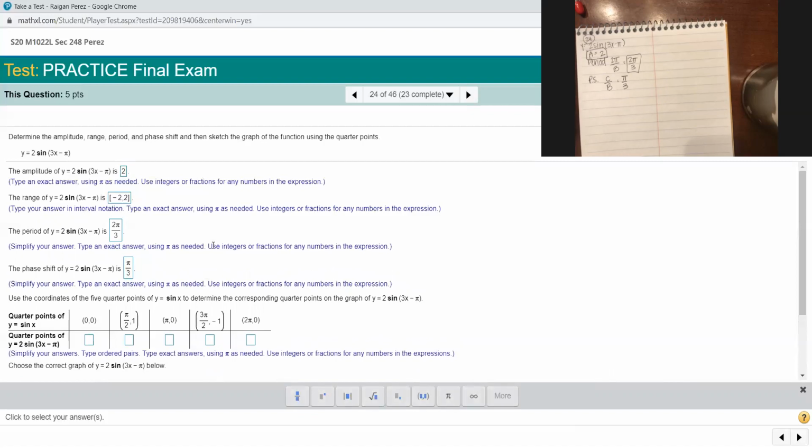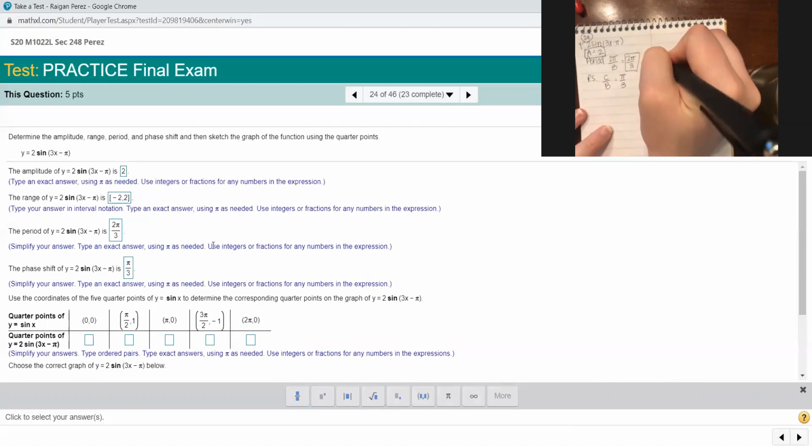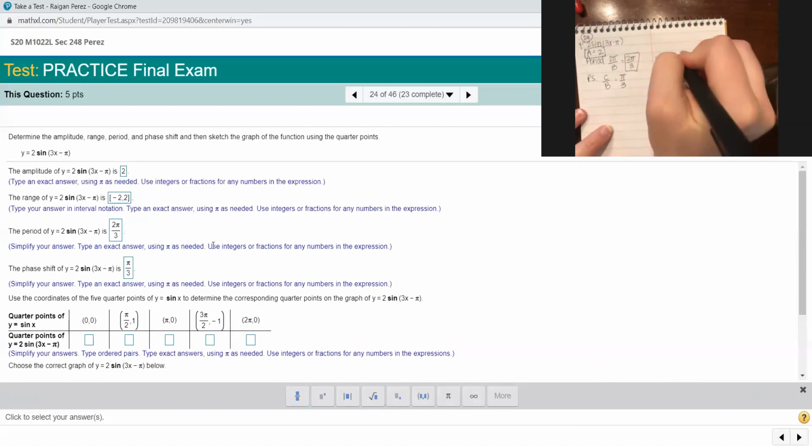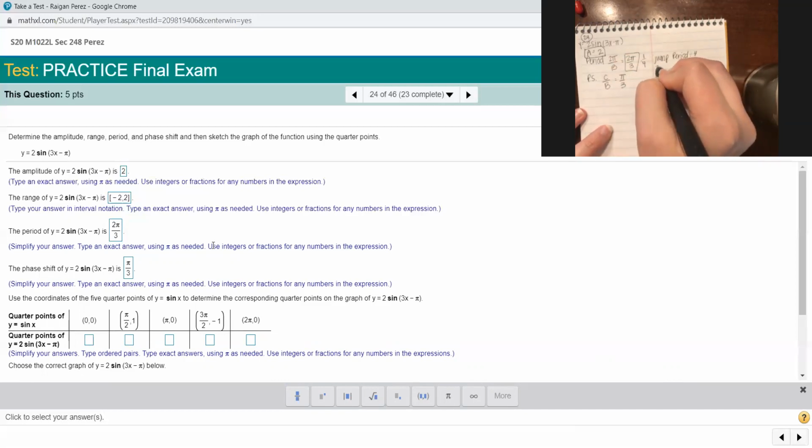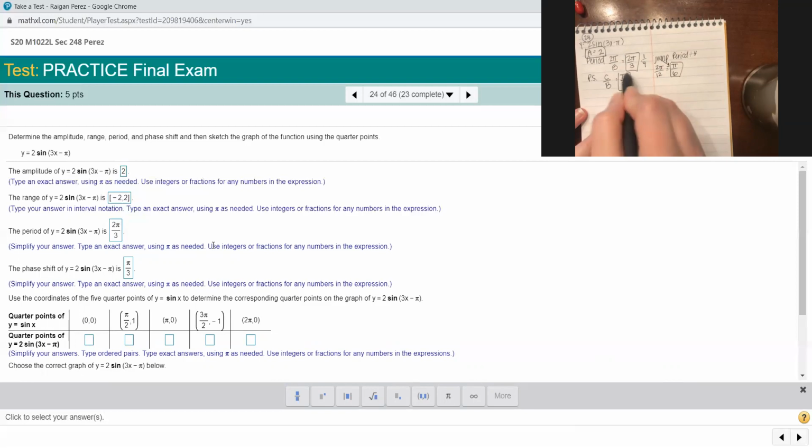Now they're not asking us for your jump, but remember to find your jump. You do your period divided by 4. So here I will be multiplying by 1/4. So it's going to be 2 pi over 12, which is the same thing as pi over 6. So our jump, which is not a question, is pi over 6.